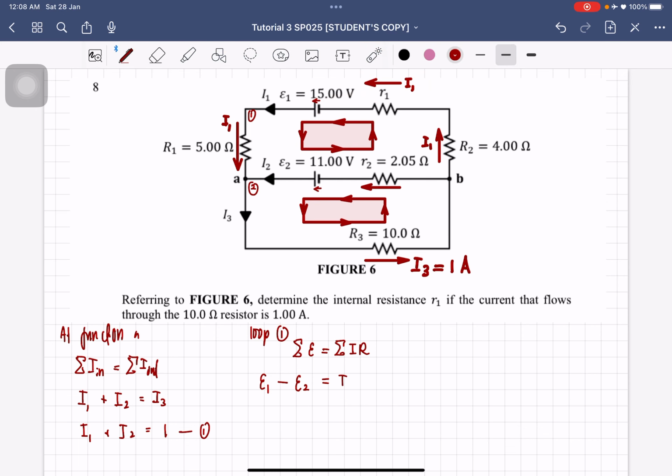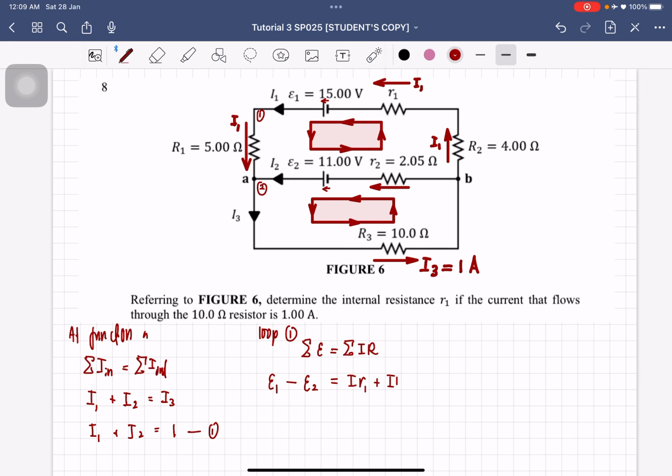I'm just going to directly write down whether it's positive or negative, so make sure you are following how I did that. The direction of the current should follow the direction of the loop for it to be positive. So resistor number 1 is positive I1 R1, and then we have the second internal resistor there. It is going against the direction of the loop, so it's going to be negative I2 R2.